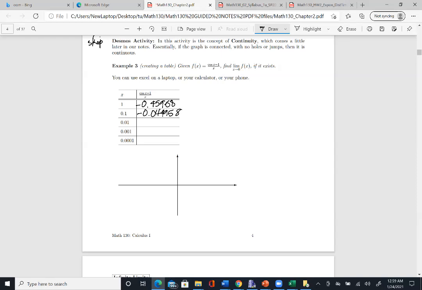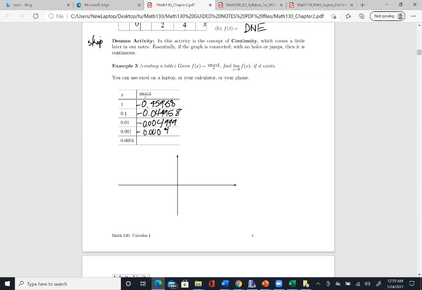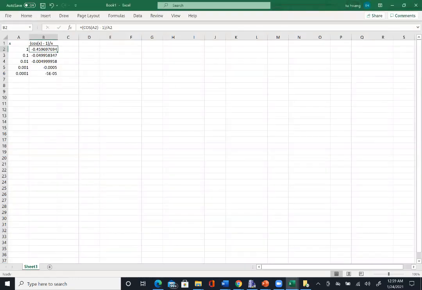The next one will be negative 0.004999, and then the next one will be negative 0.000499, and the last one will be negative 5 times 10 to the power negative 5.